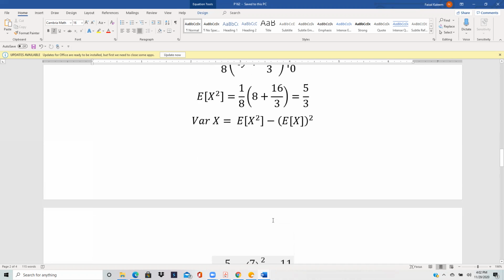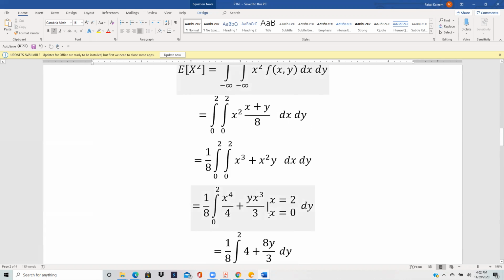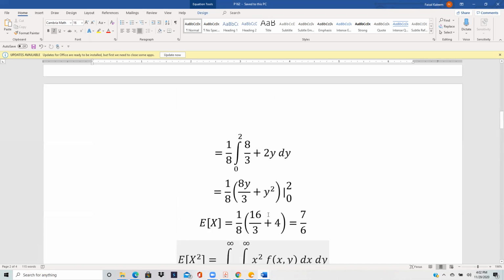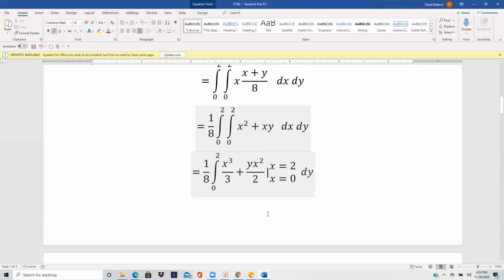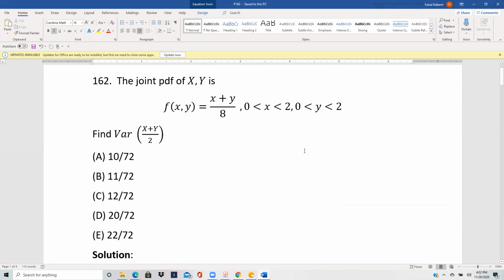Now, if we go up and look at this PDF, it is completely symmetric in the two variables. By complete symmetry, I mean that if you look at the PDF formula, it doesn't matter if you interchange the x and y, it stays the same. And here also x and y have exactly the same bounds.